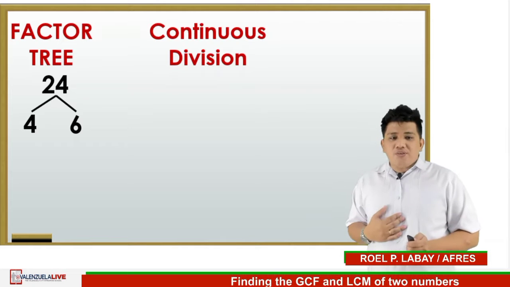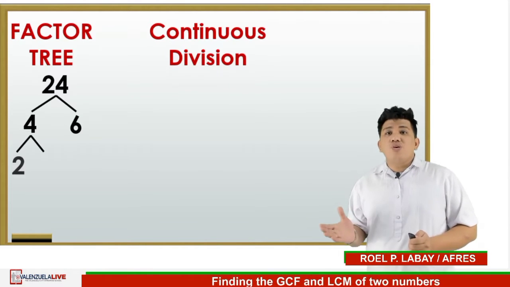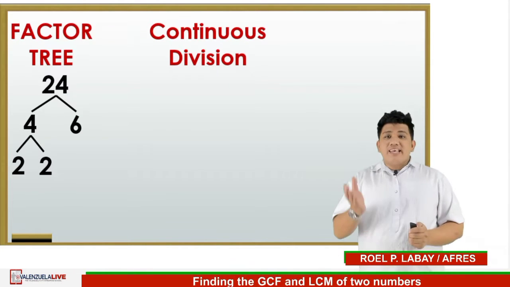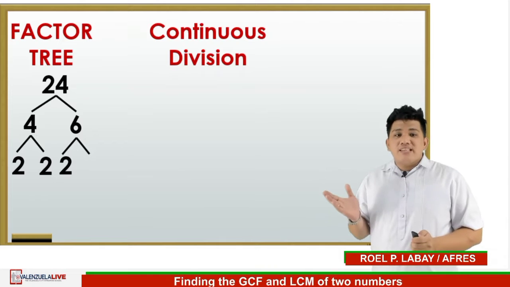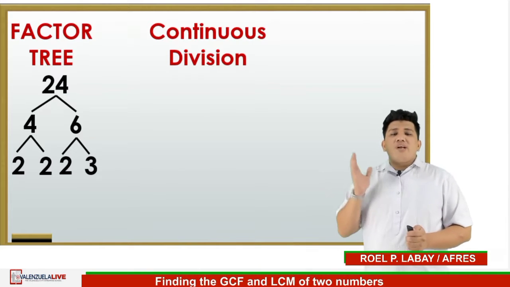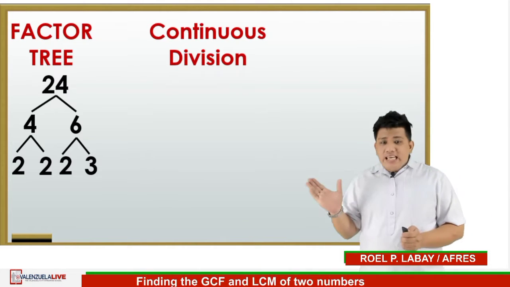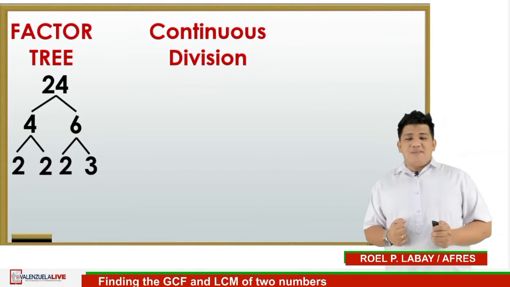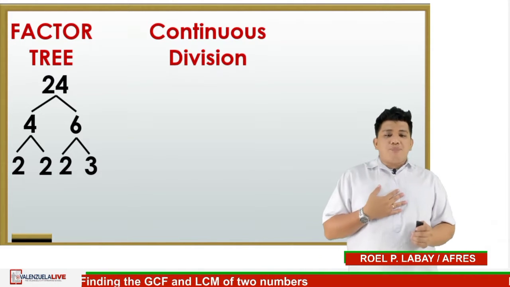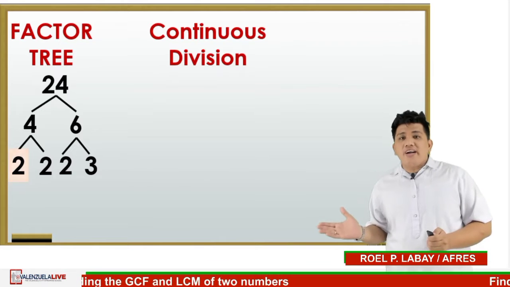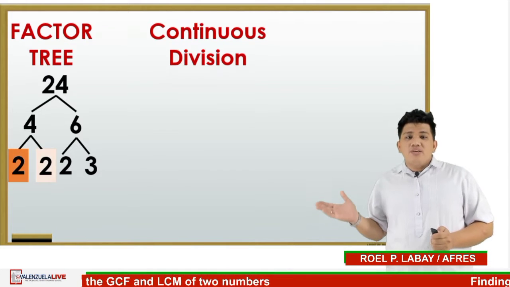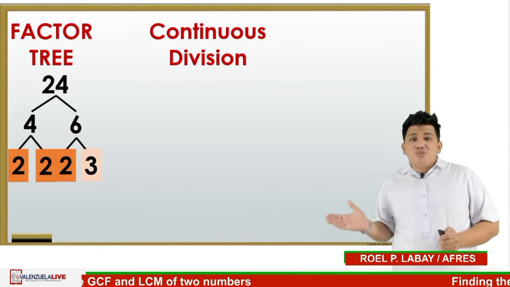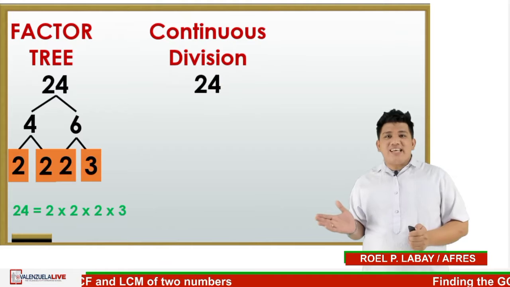So let's factor 4 into 2 times 2 and 6 into 2 times 3. We will not factor 2 or 3 any further because they are prime numbers. Therefore, the prime factors of 24 are 2 times 2 times 2 times 3.